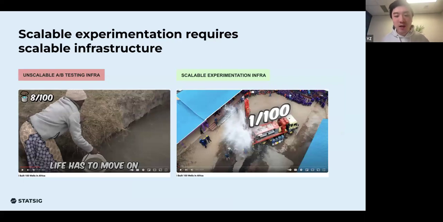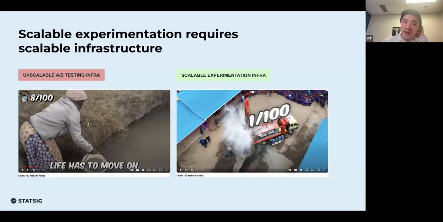I took screenshots from Mr. Beast's video. He built 1,000 wells, 100 wells in Africa. Before you build the modern well, you have to have a human go to a pond or a distant water source to get fresh water. But with a scalable infrastructure, you can just get tap water automatically.